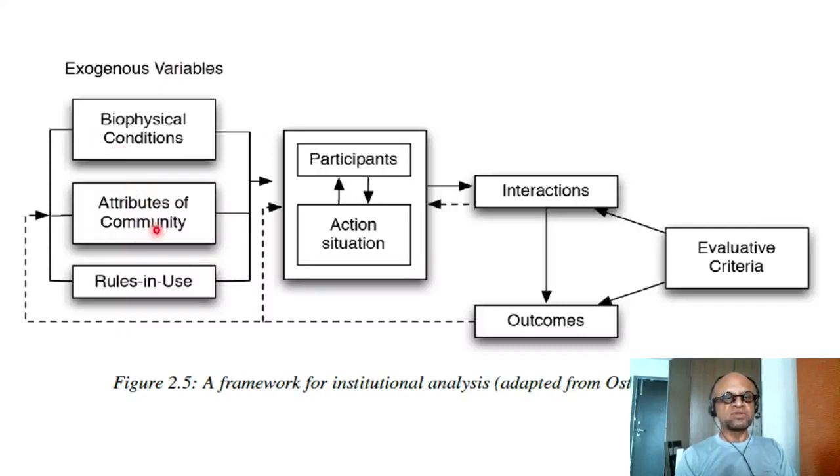There are attributes of the community in which you are participating and interacting in the action arena, and there are rules in use that are implicit or explicit based on what the institution is which you are analyzing. Then the box that has participants and action situation is going to define the interactions and the outcomes with evaluative criteria, again being in operation explicitly or implicitly.